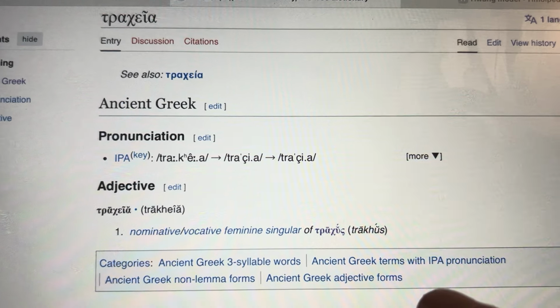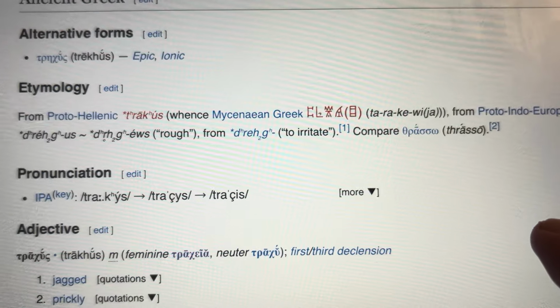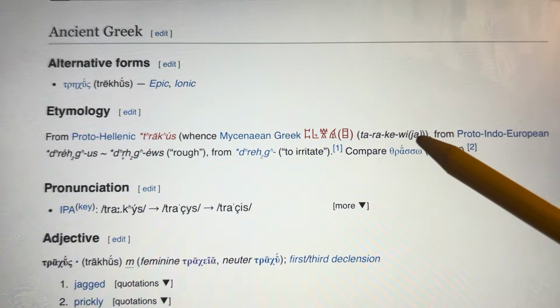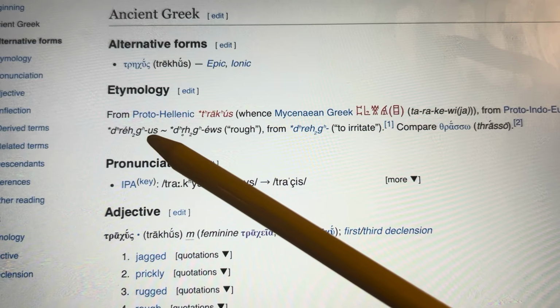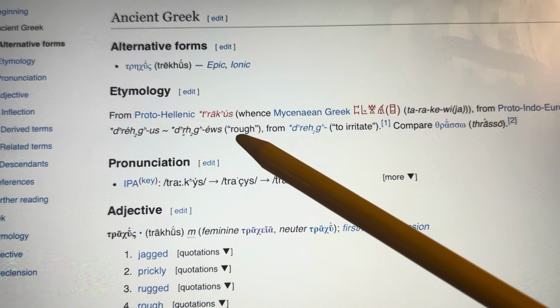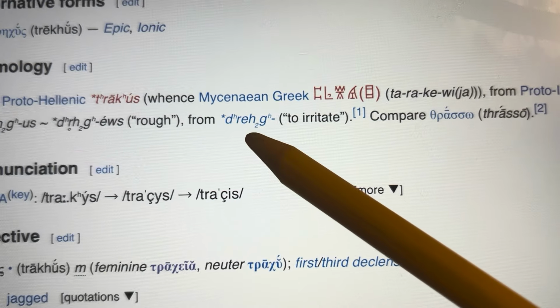Which is the nominative vocative feminine singular of trachus. Which traces back to Proto-Indo-European invented words. This, which hypothetically means rough, is from this word, which means to irritate.